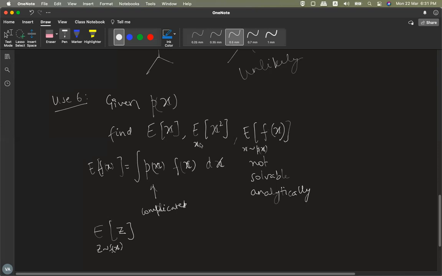Here also x sampled from p(x), x square. Expected value of x sampled from p(x), yeah, this is the proper notation. And if I simply say E of x, this is incomplete, but it is kind of assumed that this is the default understanding. But what you are saying is the expected value of z sampled from p of f(x), or maybe some different q, some different distribution of f(x), right?